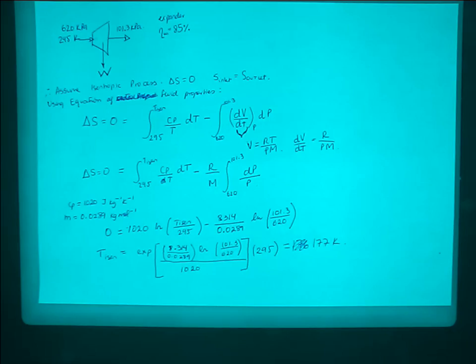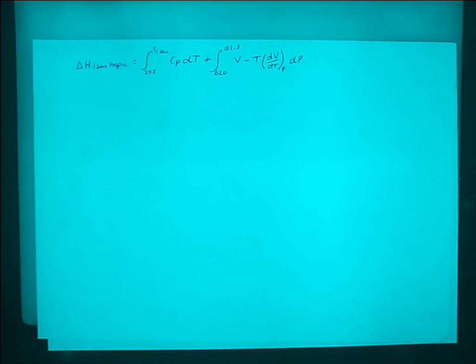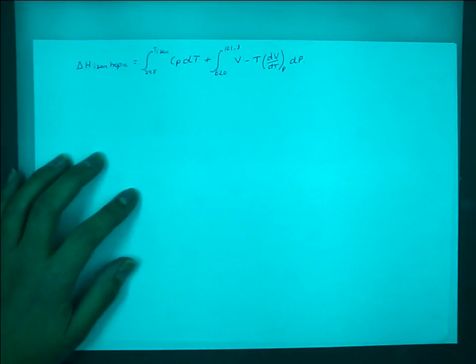So you will have this equation. Sorry, is everyone okay with this one? Right? So we will substitute in this case this volume and that one. So here we say volume equals RT over PM, right? And then for this one, we say T dV over dT at constant P equals TR over PM, right?